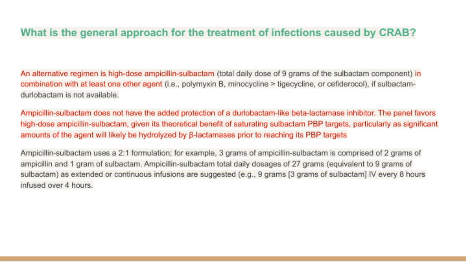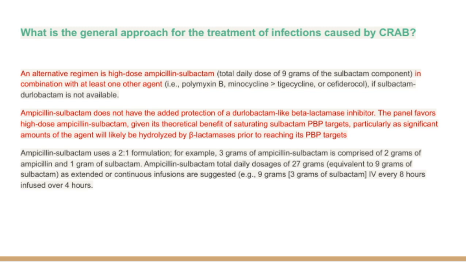Now, keep in mind that ampicillin-sulbactam doesn't have the same beta-lactamase inhibitor protection as durlobactam. So, the panel recommends using high doses to maximize the potential of saturating the PBP targets of sulbactam, especially since a significant portion may be hydrolyzed by beta-lactamases before reaching those targets.